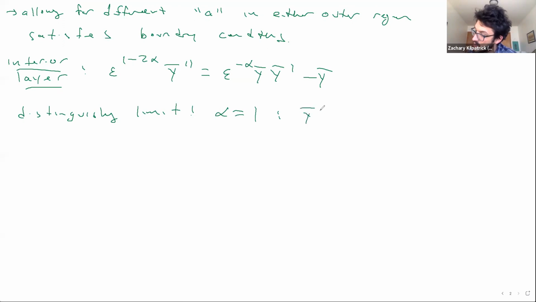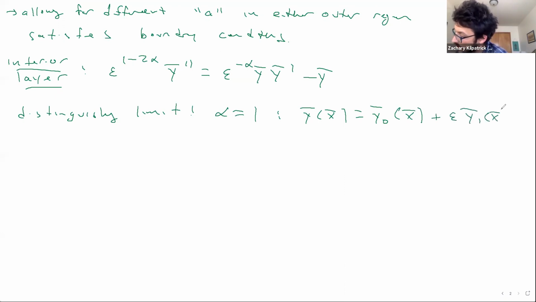And I can also expand my interior solution, okay, according to some regular perturbation expansion. y0 bar of x bar plus epsilon y1 bar of x bar, okay, and so on. Now, we could try some irregular expansion, but let's just start by trying a regular perturbation expansion.